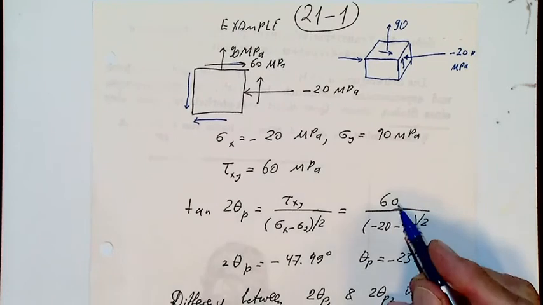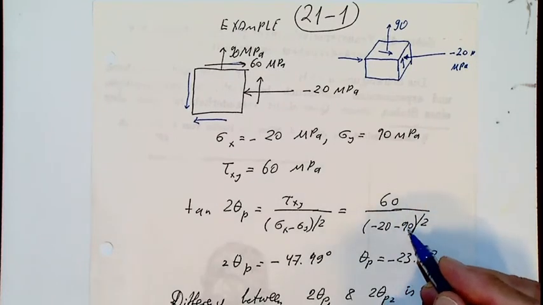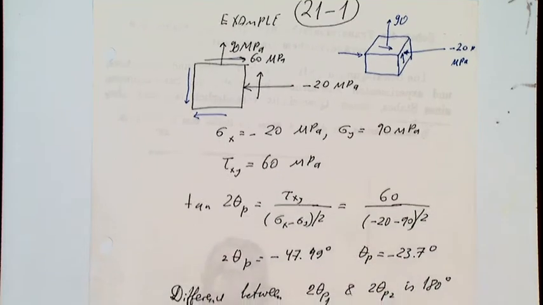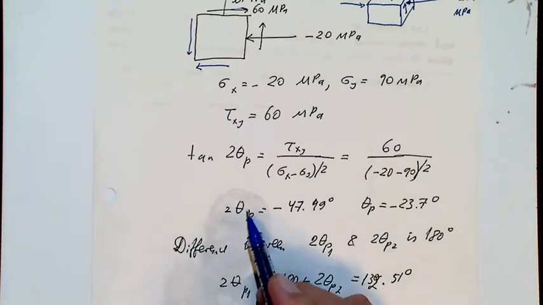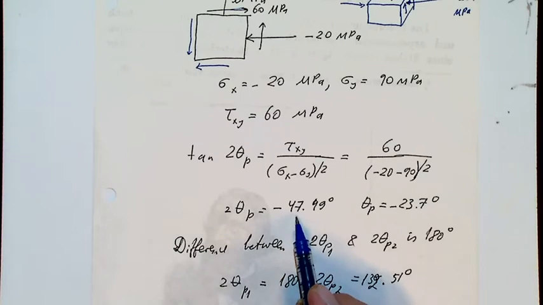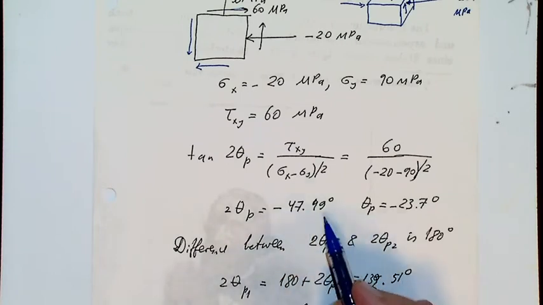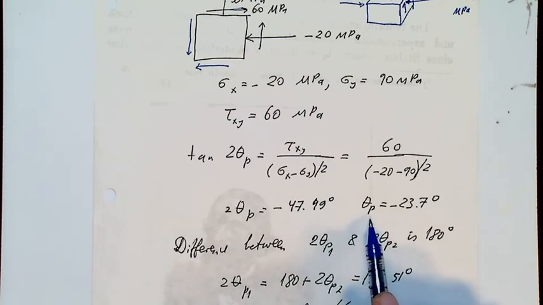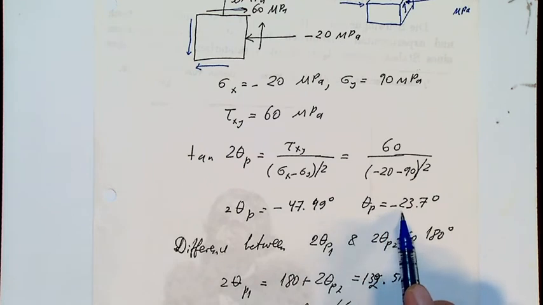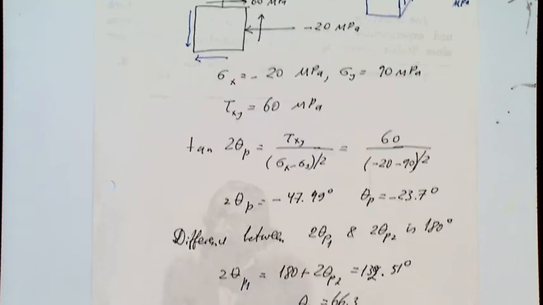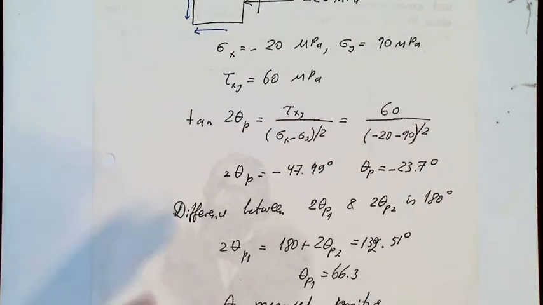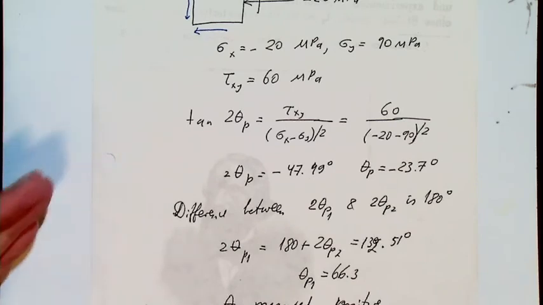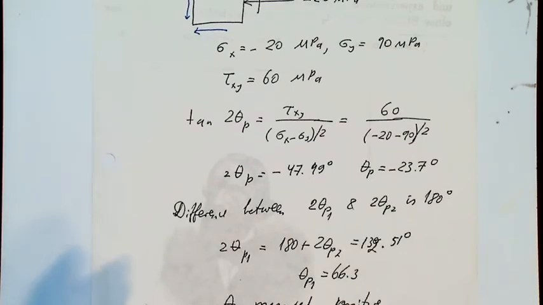So then it is 60 divided by minus 20 minus 90 divided by 2. So from here we find tangent 2 theta principal equals minus 47 degrees, or theta p equals minus 23.7. There are 2 directions naturally, because we need to have a cube also in the new coordinate system.